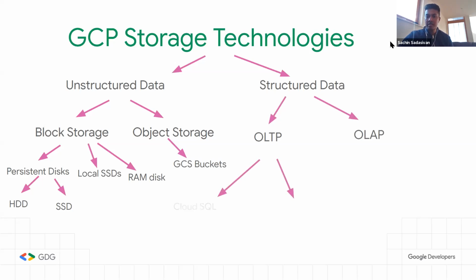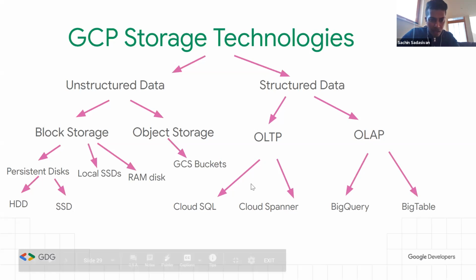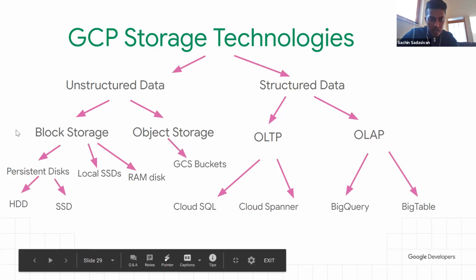For transaction processing, we have Cloud SQL and Cloud Spanner in GCP, and for streaming and analytics, we have BigQuery and Bigtable. So in the case of virtual machines, you will be looking into this based on the type of data you store.